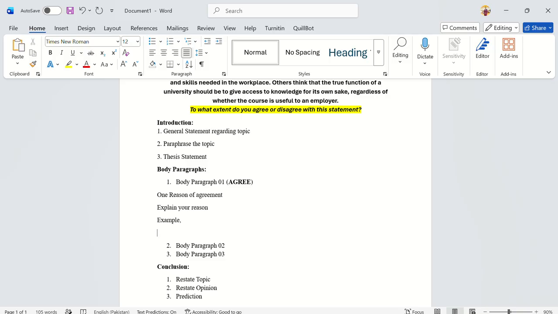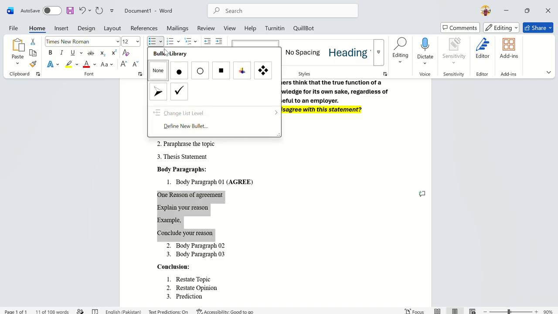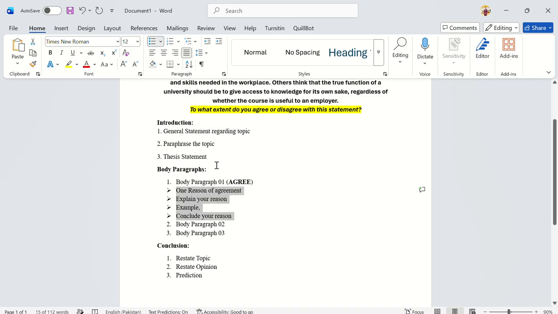Okay. And last, you can conclude your reason. So these four things you have to write in body paragraph 1. Remember? Okay.